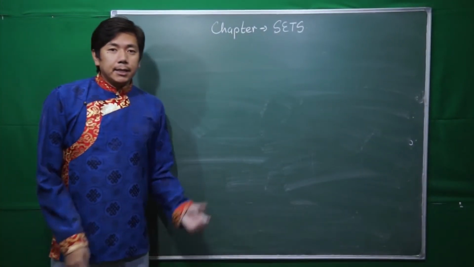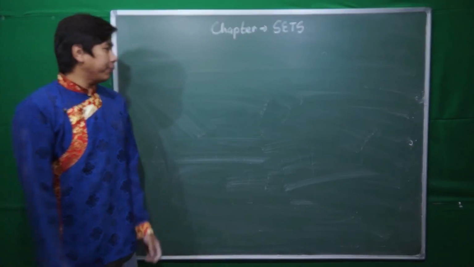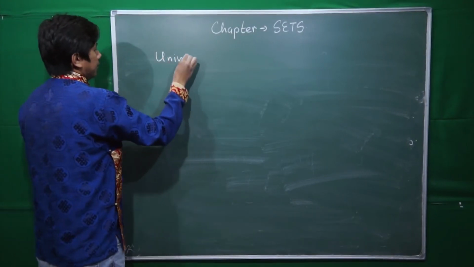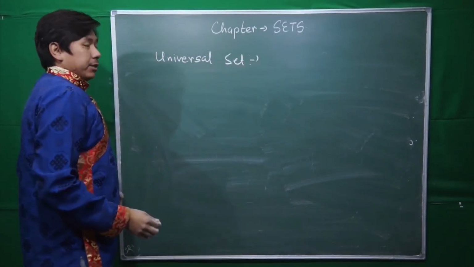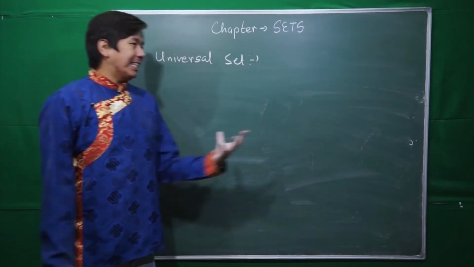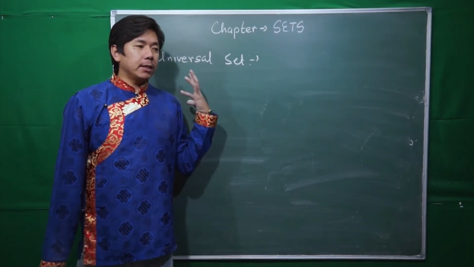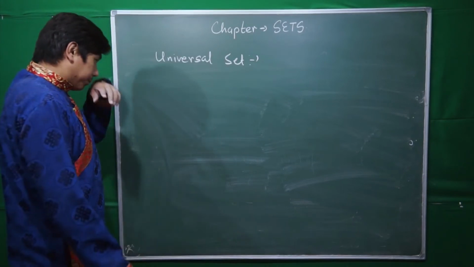So for the next set topic, we have universal set. So what do you mean by universal set? It is a parent set from which certain offsprings are obtained.